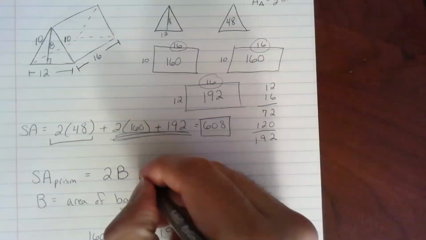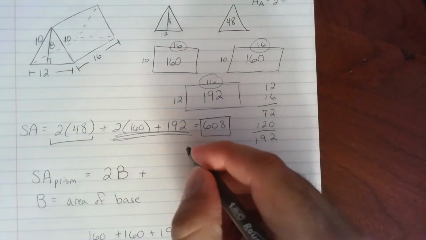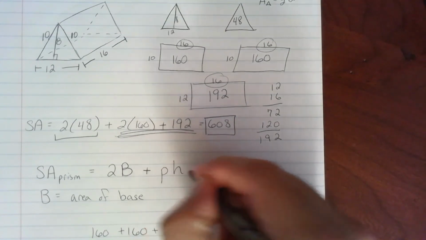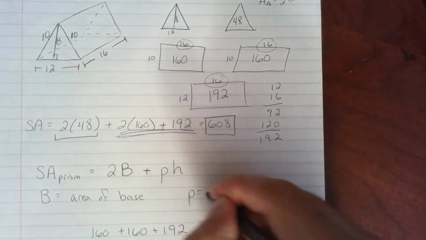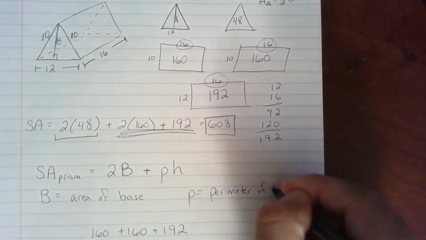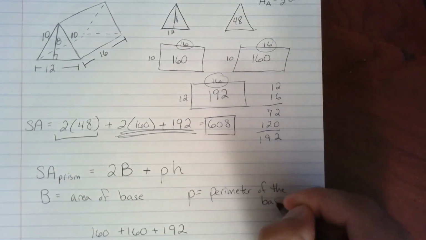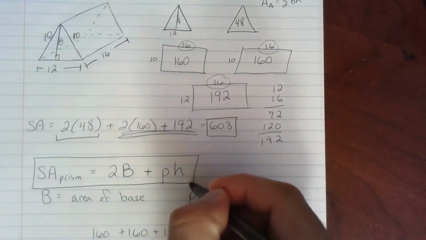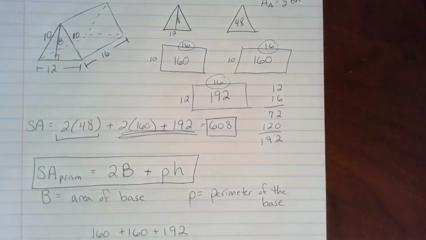So the last part of your surface area of a prism is going to be P times H, where P is the perimeter of the base. And there you go. This is actually going to be the surface area formula that I would use for any given prism along the way.